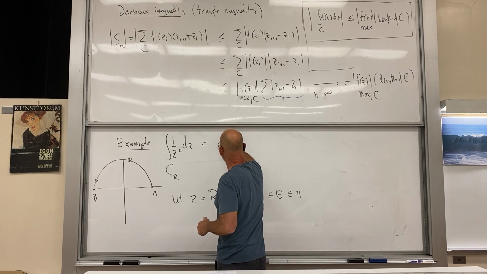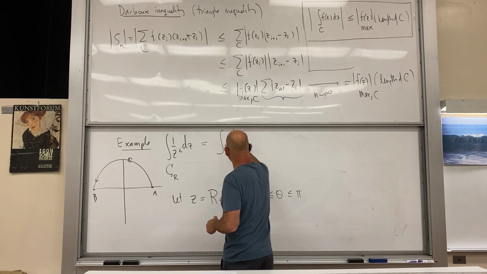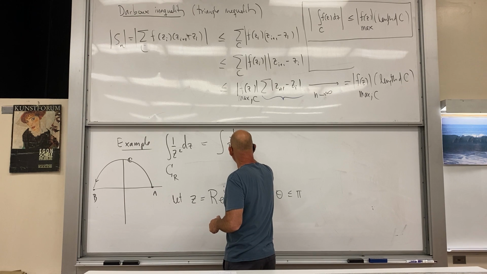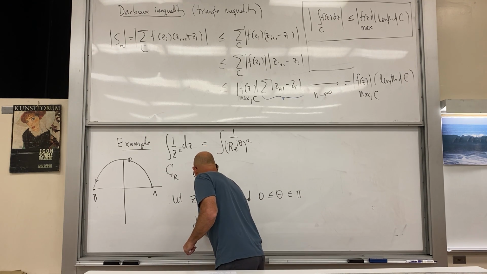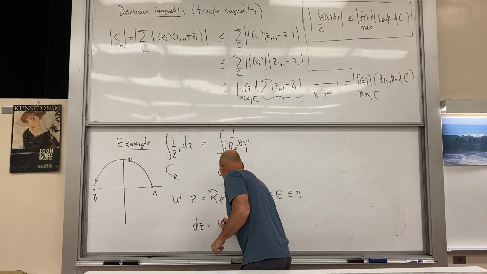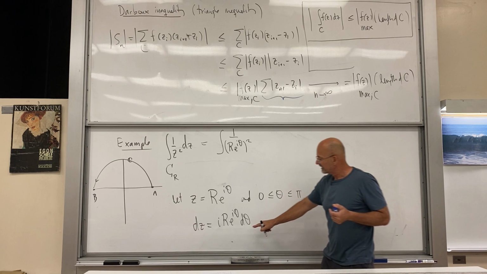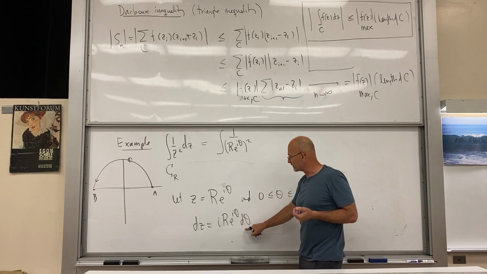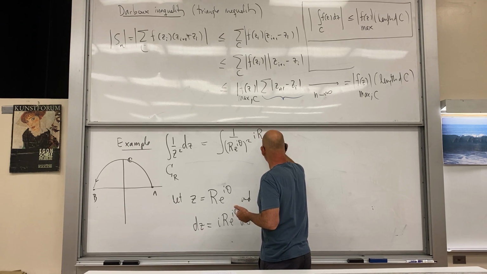So this integral would transform into 1 over z squared, so 1 over r e to the i theta squared, and then the dz is just going to be i r e to the i theta d theta, right? dz d theta is i r e to the i theta. Okay, so there's our dz. So we have i r e to the i theta d theta.